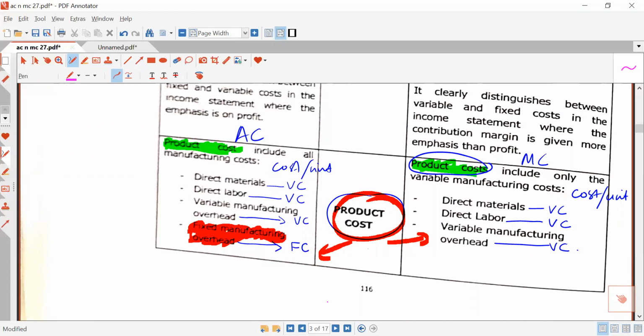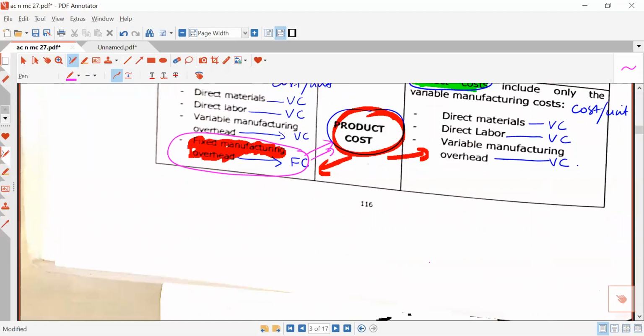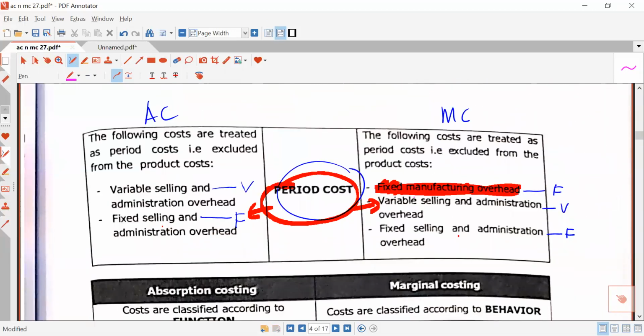under AC, the fixed manufacturing overhead is treated as product cost. Meanwhile, under marginal costing, the fixed manufacturing overhead is treated as a period cost.